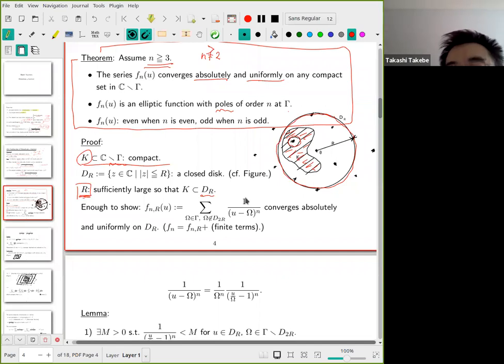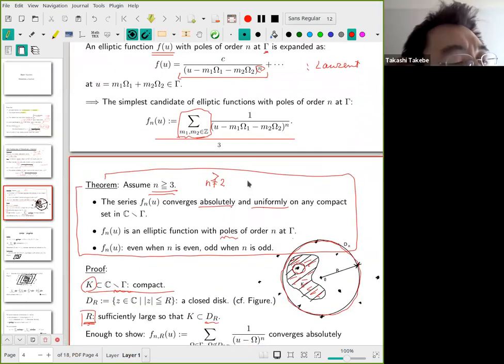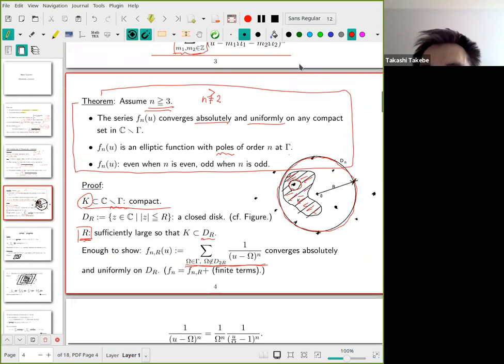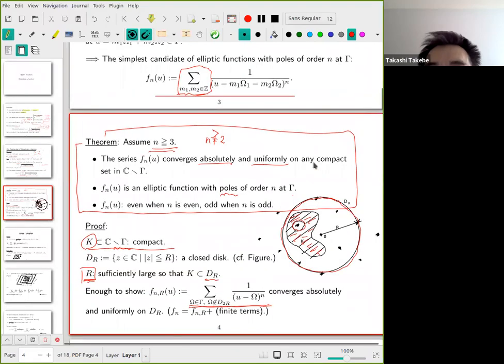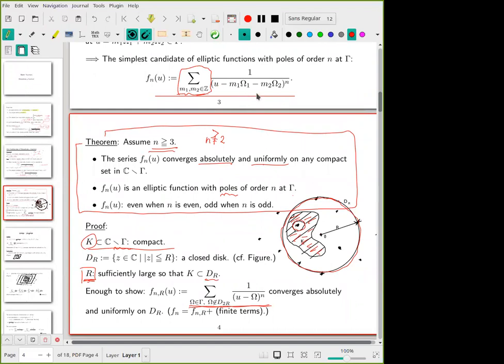And let's consider the partial sum. Takashi, can I just ask another question? We require that this doesn't include 0, right? Because if it's 0, we get 1 over u cubed, and it doesn't converge uniformly. We must have m1, m2 not equal to 0.